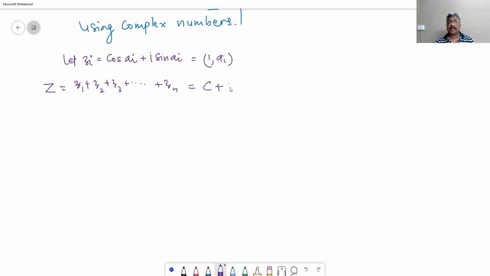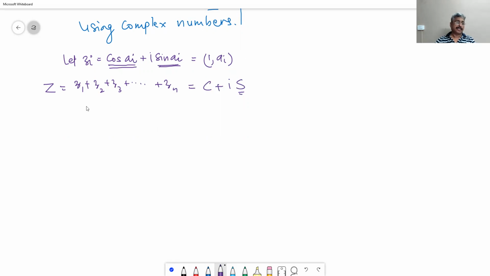This capital Z will look like C plus iS, where C is the answer of the summation of cos, and S is the answer of the summation of sine. So in one go we will get both the answers, right?